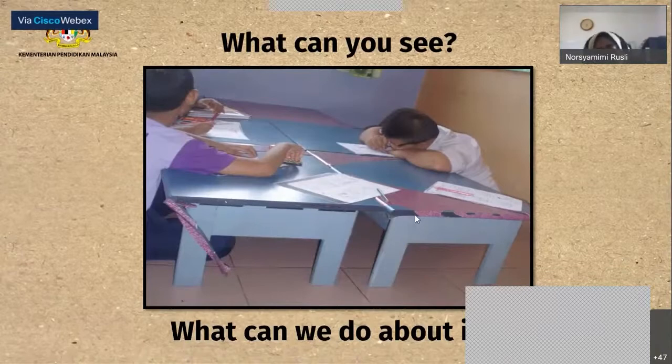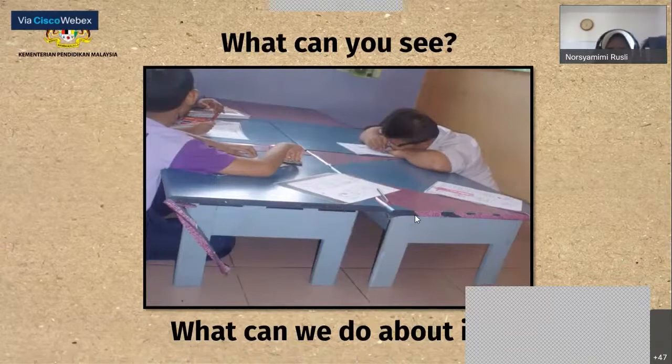The teacher can also encourage the students to write in prone position, or write on the whiteboard or on the wall. But what you are suggesting just now is good, using a slant board. The school needs to try to find appropriate chairs and desks for the children.